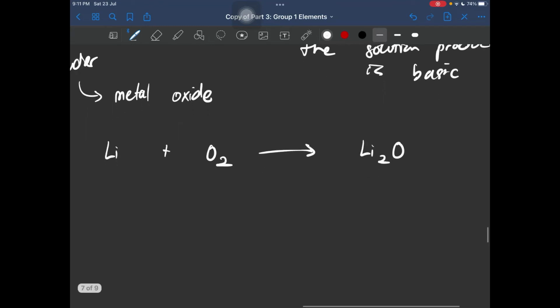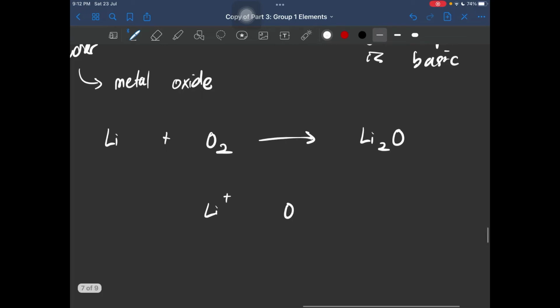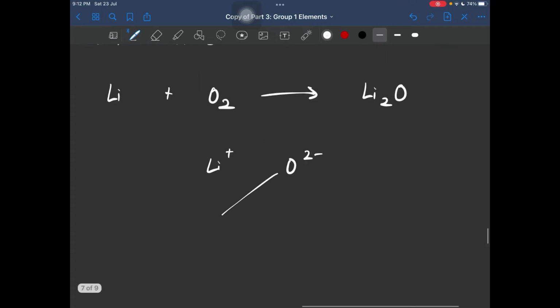Because lithium is in group 1, it has 1 valence electron, and when it is ionized it will become Li+. Oxygen has 6 valence electrons, so it will receive 2 electrons to become an anion with a charge of 2-. So if you cross it, you would get Li2O.